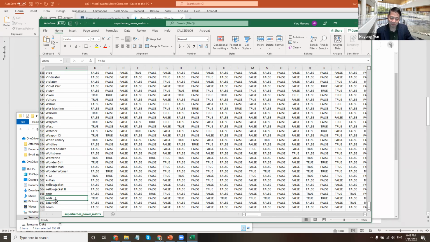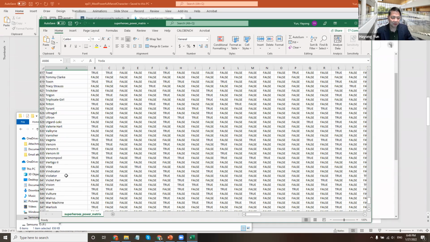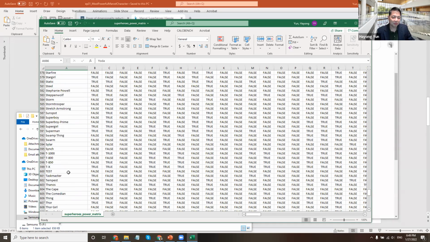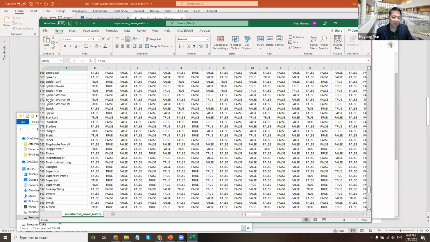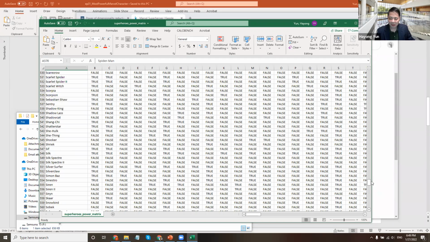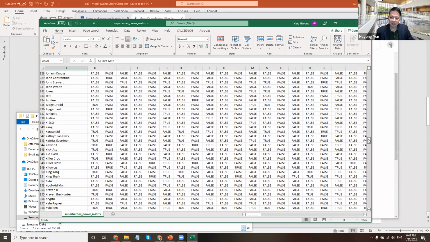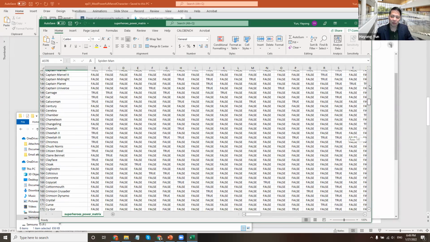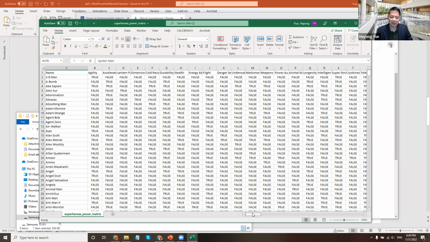Yoda from, I think, Star Wars, but also there are many Spider-Man and many that maybe somewhere you may have come across.